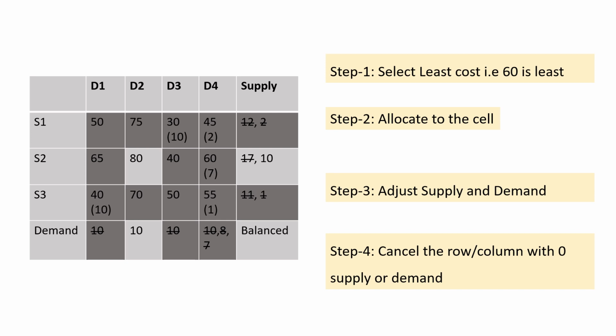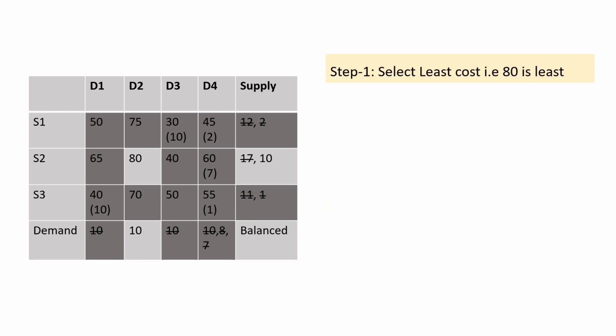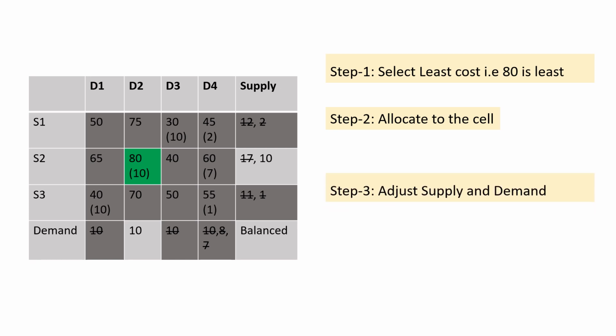Then the remaining cell is only 80, so we assign 10 to 80. 10 is the least because it is the only number. When we assign 10, 10 minus 10 is 0, and 10 minus 10 is 0. So now we can cancel the row as well as the column because the row has 0 supply and the column has 0 demand.